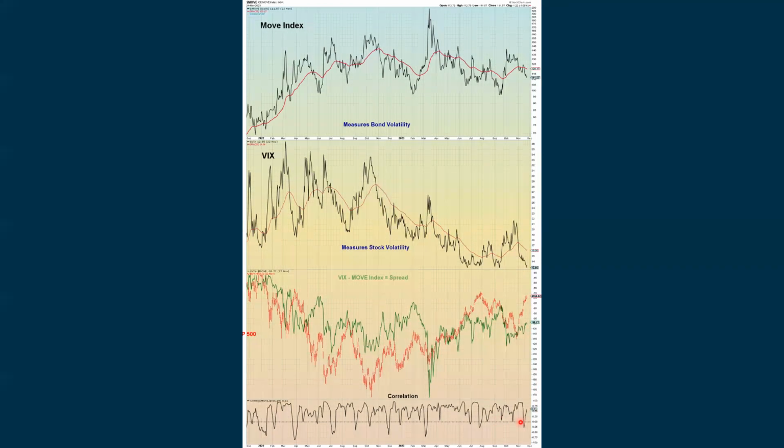I look at the correlation. Are the MOVE index and the VIX moving in the same general direction, or are they going in opposite directions? And after going in opposite directions for a while and being more neutral, they're starting to get a stronger relationship now as this line is going up. The higher we get with this reading, the more correlated these two charts are with each other.